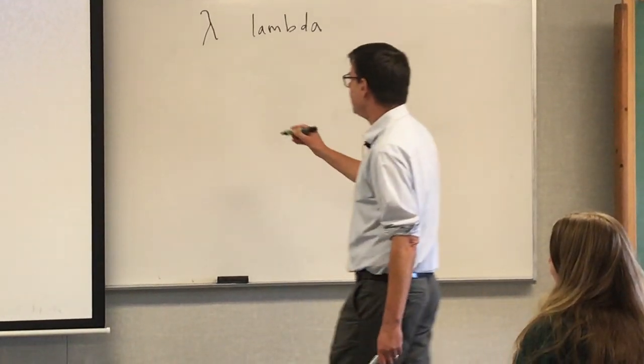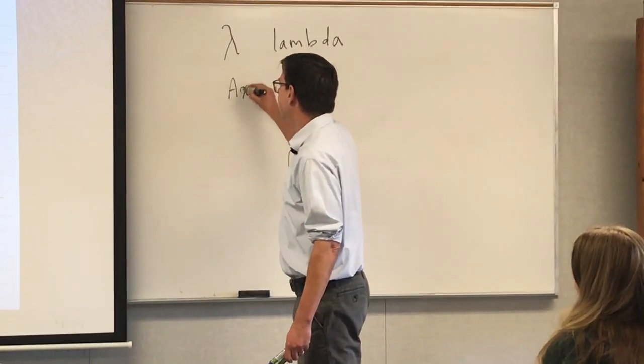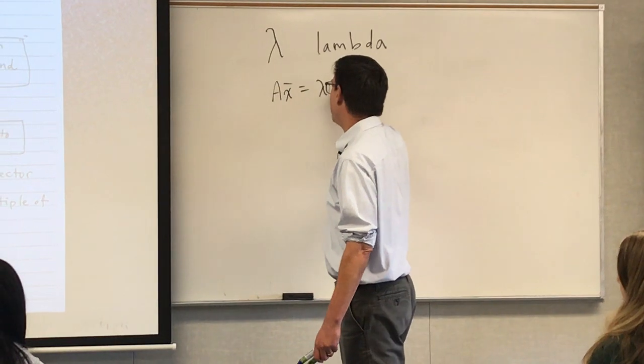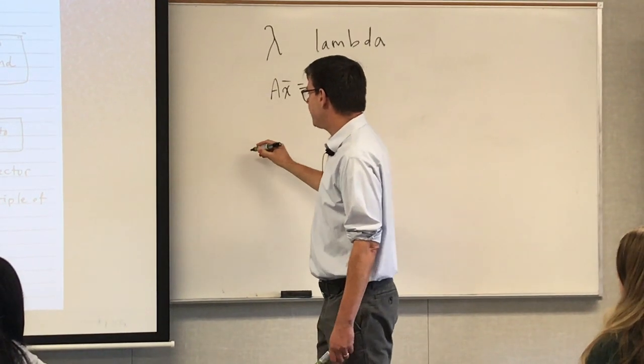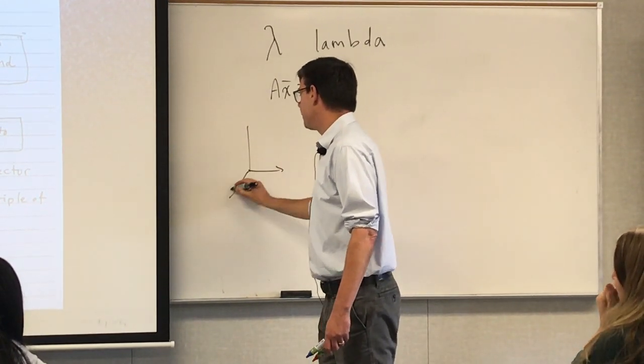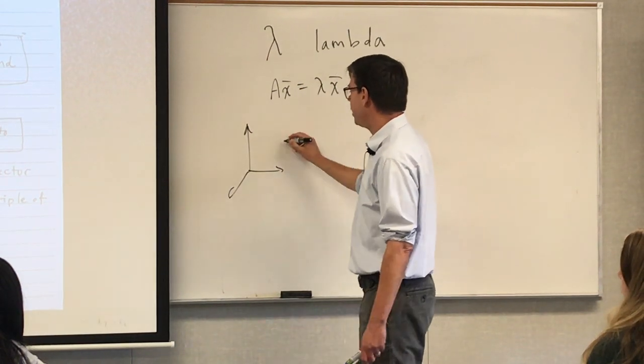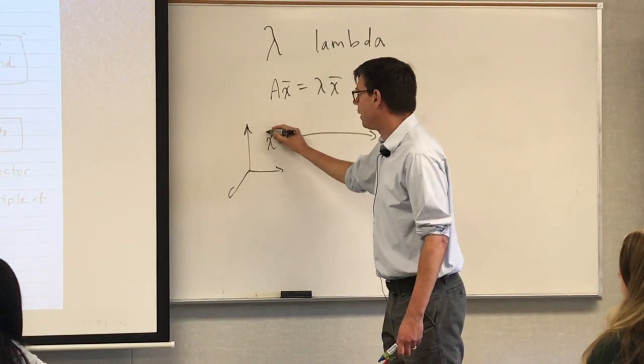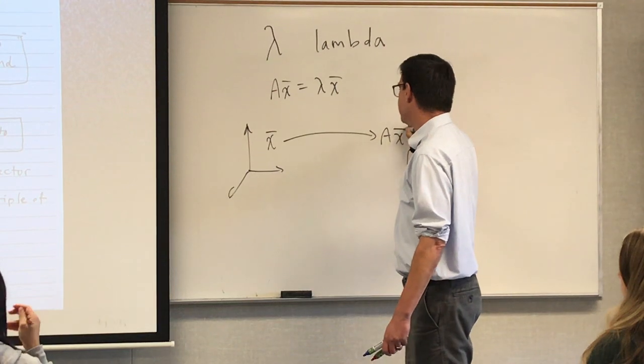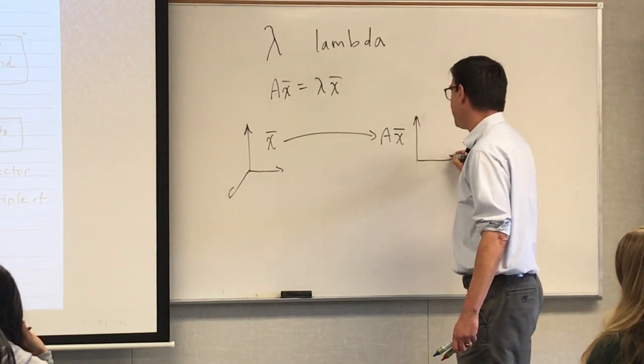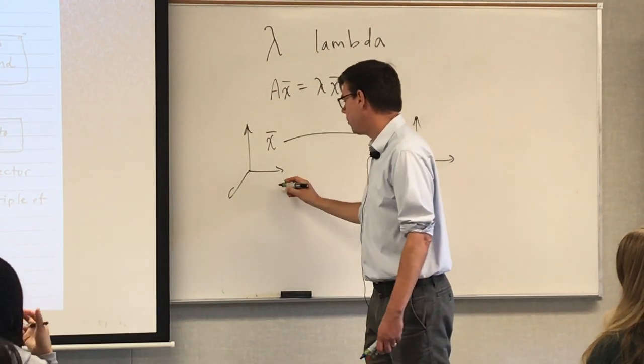So what is this saying? When you say Ax equals lambda x, now we're used to thinking of a matrix multiplication as representing a linear transformation that takes x to Ax, right? We've talked about that quite a bit.